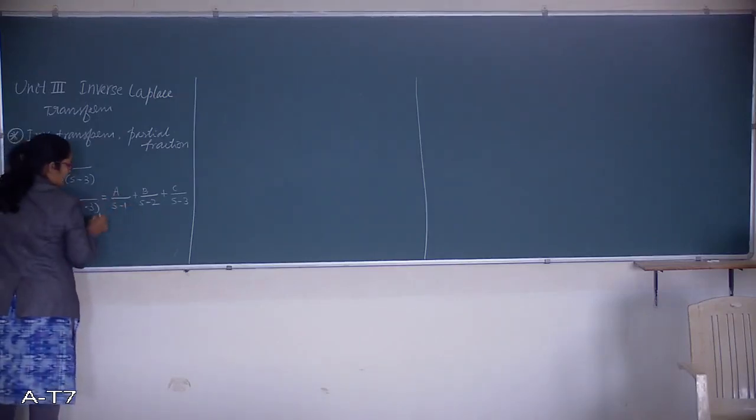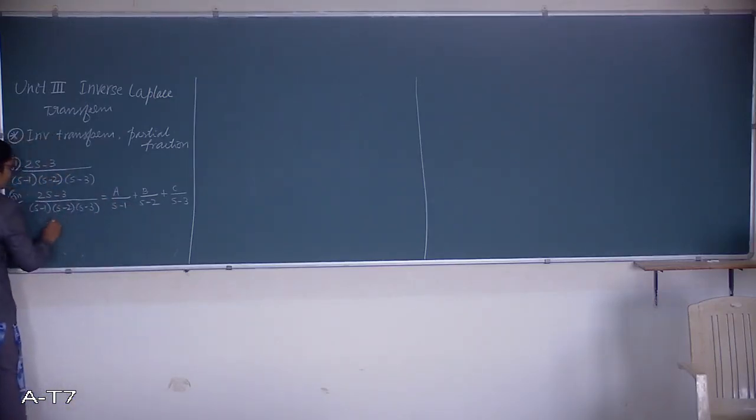There is a shortcut method. See how we are going to solve it. Suppose s is equal to 1. What will be the LHS? It will be 2 minus 3, that is minus 1.